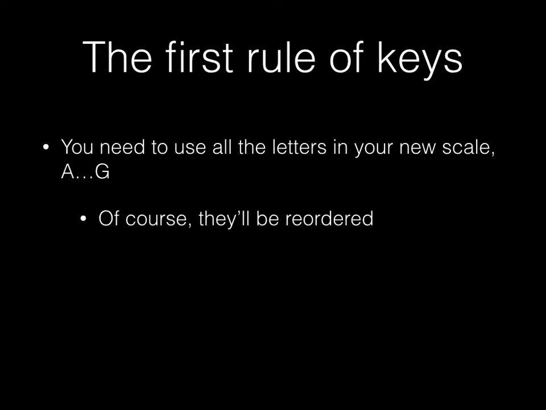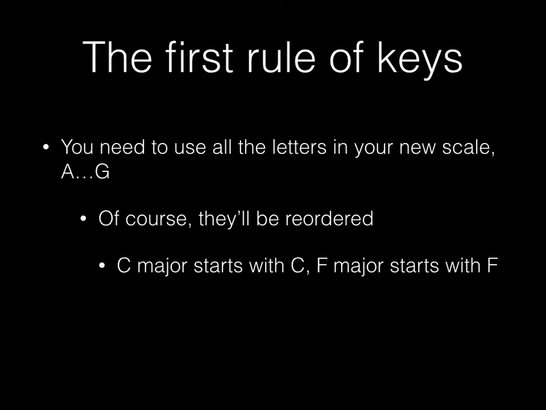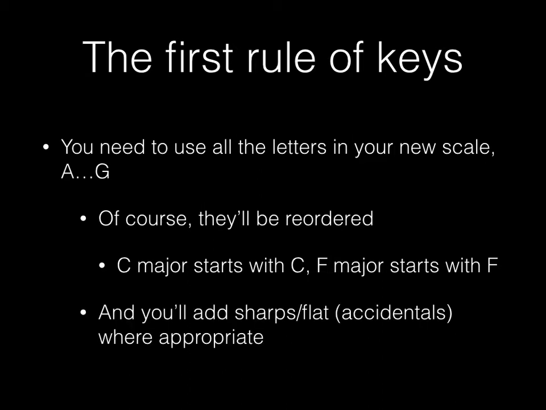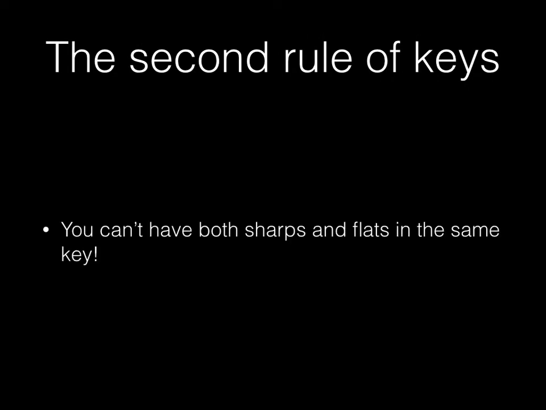And of course they'll be reordered, but C major starts with C, F major starts with F, but you have to move through all of the letters. And then you add sharps and flats where appropriate. The second rule of keys is that you can't have both sharps and flats in the same key.